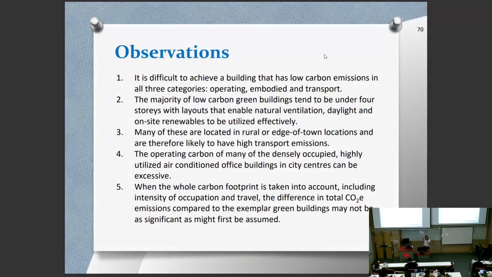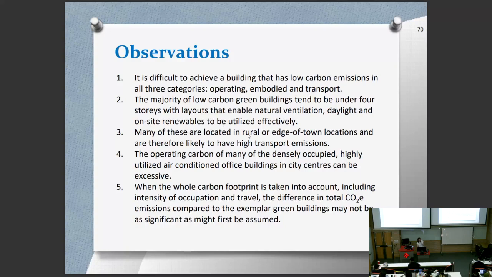So the observation: it is difficult to achieve a building that has low carbon emissions in all three categories. The majority of low carbon green buildings tend to be low-rise, four-story, with layouts that enable natural ventilation, utilization of daylight, and on-site renewables to be utilized effectively.